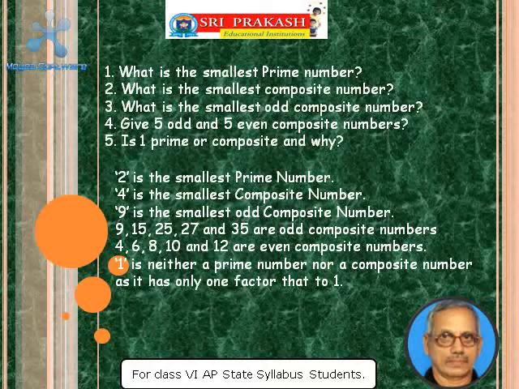And out of those 2 factors, one will be number 1 and the next the number itself. So the smallest prime number is 2 because 2 has only 2 factors, 1 and 2.